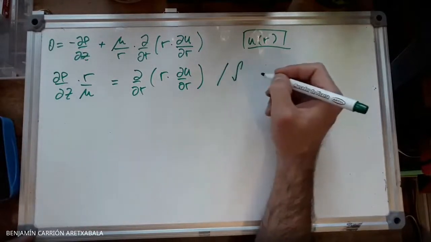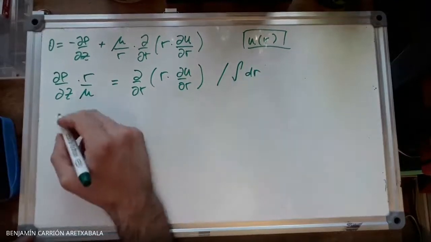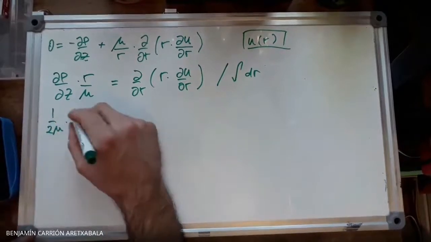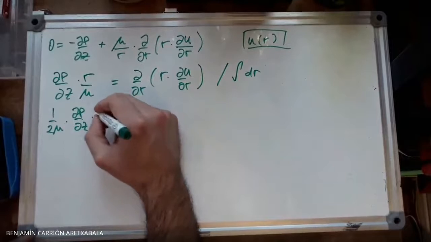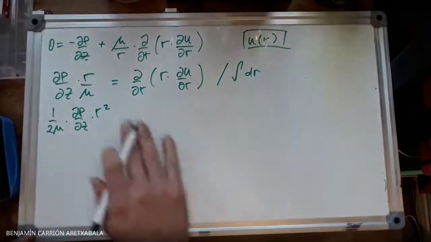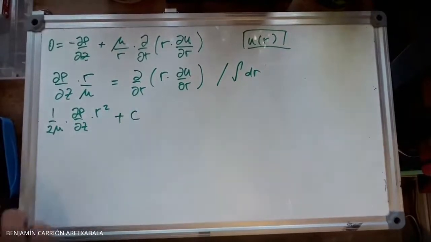Now we're going to integrate this with respect to dr. And here we're going to get 1 over 2 mu dp dz times r squared plus a certain constant, right?